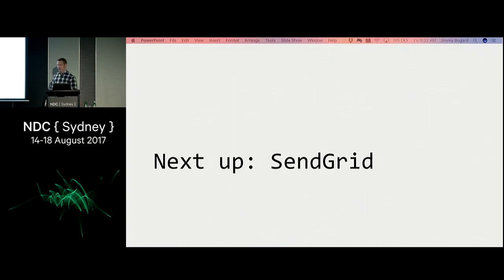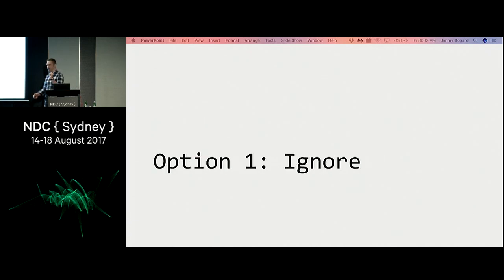Next up is SendGrid. SendGrid is an email service provider that provides a nice API interface for me to send emails to customers, templatize them, and all those sort of things as well. So option one, ignore. This one actually may be valid. Do we want our entire business transaction to fail because I can't email someone?